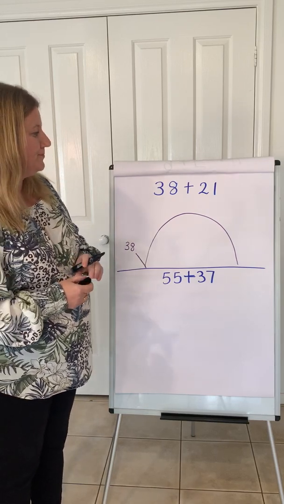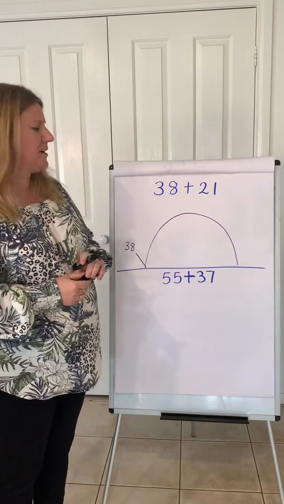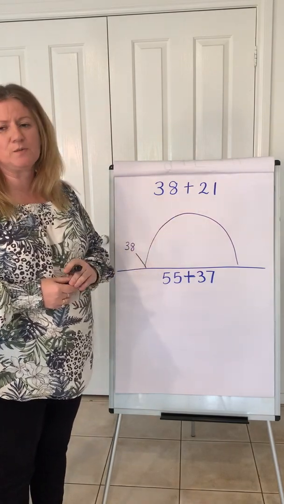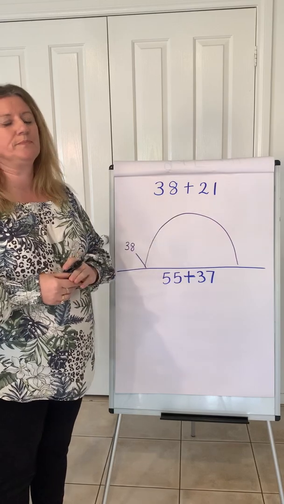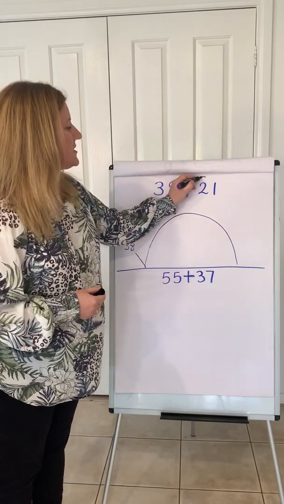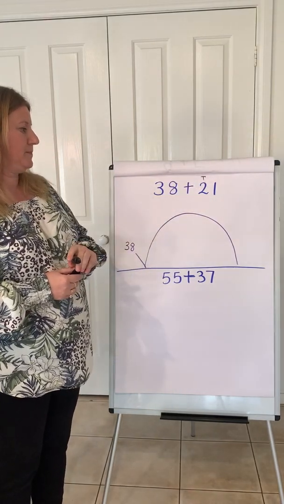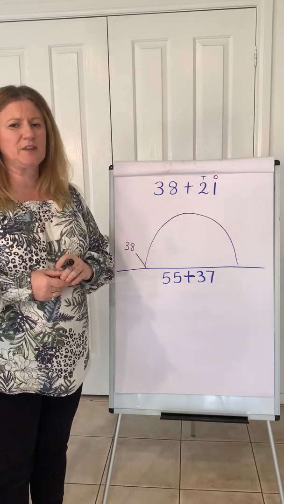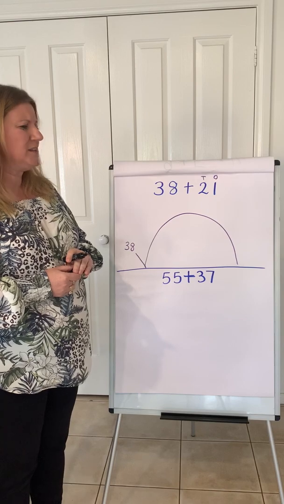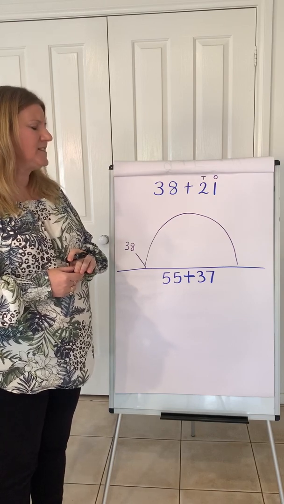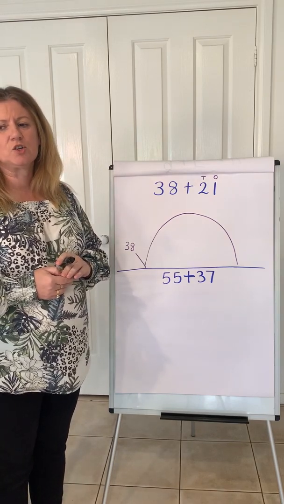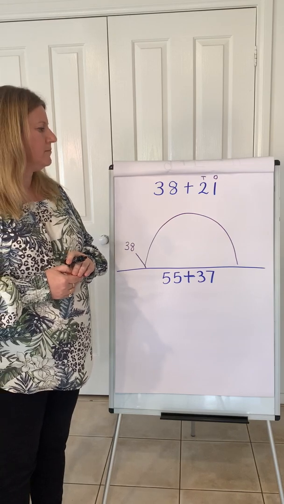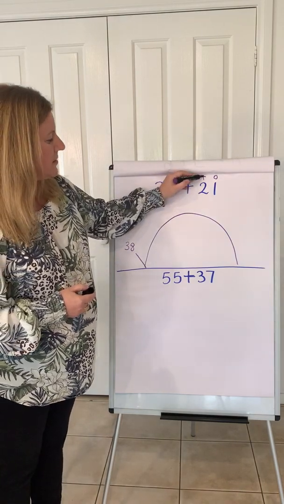So, I look at my first number in 21, which is the 2. And the 2 is in the tens column. The 1 is in the ones column. So I look at my 2 and I go, right, how many 10s are there in 21?